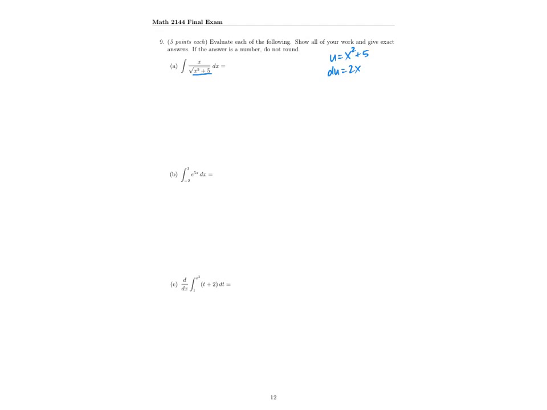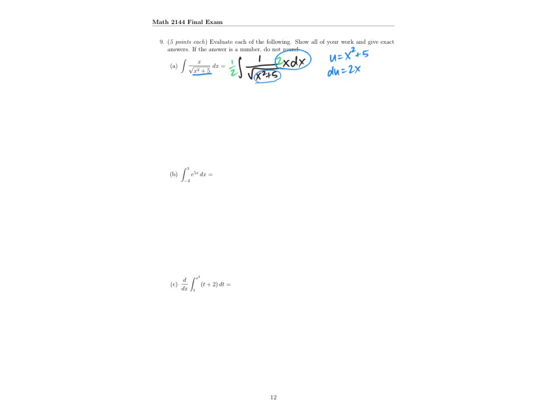So what I can do is rewrite this integral, and I can multiply a 2 in here and a 1/2 out here. And so this will be my du, and this here is my u, and my u is raised to the negative 1/2.